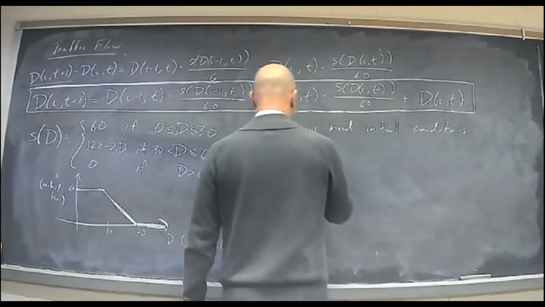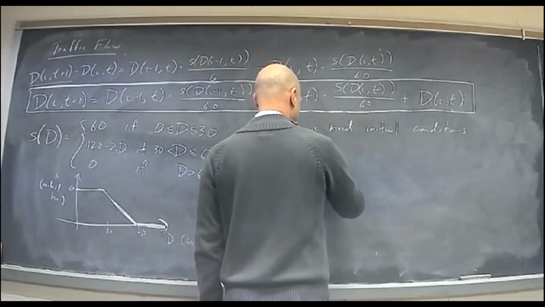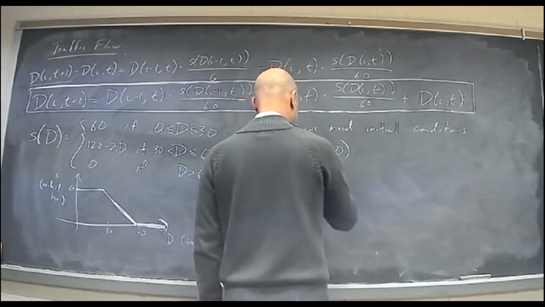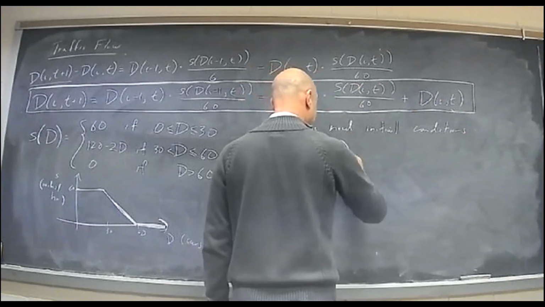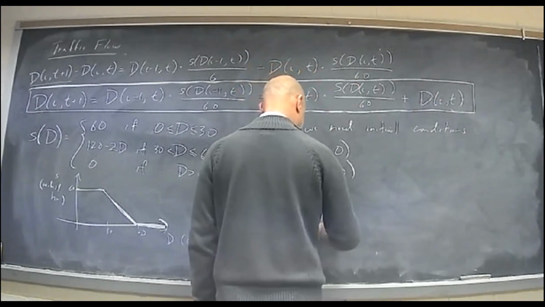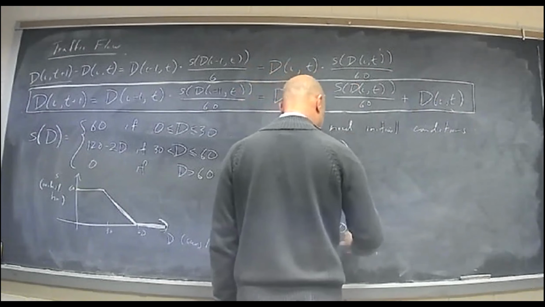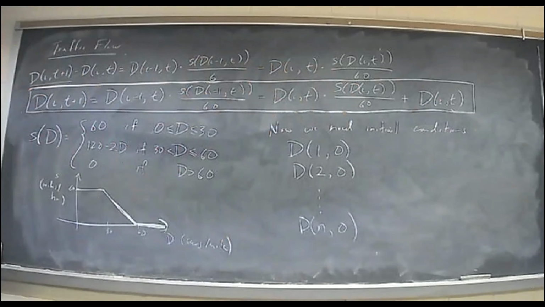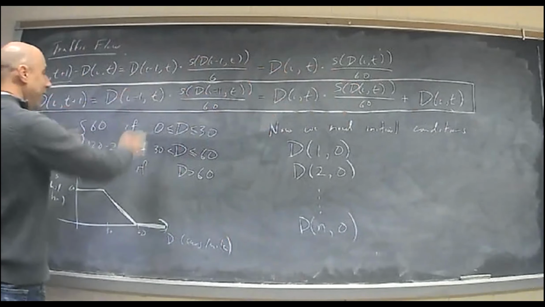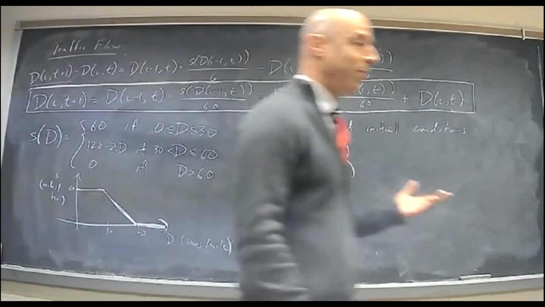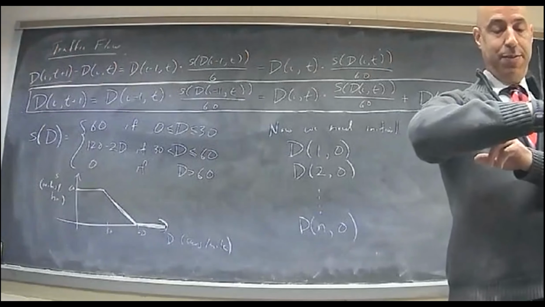We'll need density in segment 1 at time 0, and density in segment 2 at time 0, all the way up to however many segments we have, density in segment n at time 0. We'll specify these in cars per mile. We will plug in our initial conditions, plug in our propagation equations, and watch what happens over time. 10 minutes.